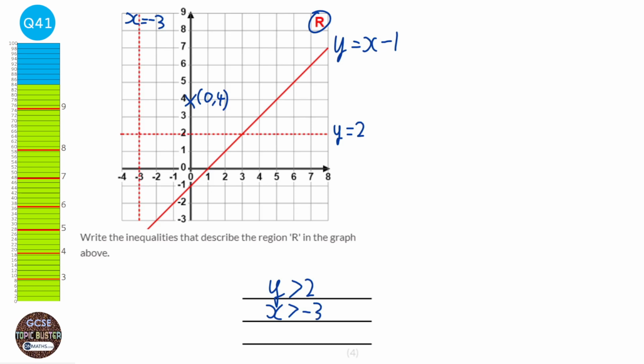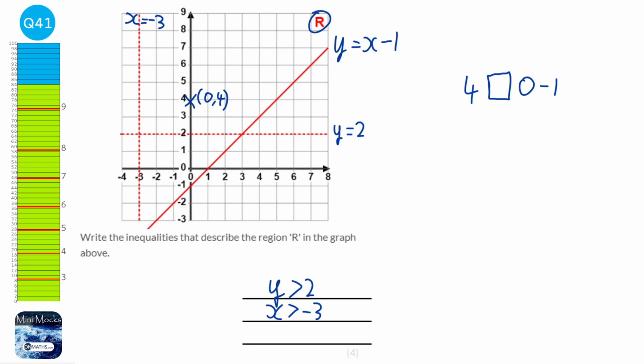Now, this last one's a bit more difficult because it's got x and y in it. So we feed in the values. So for our coordinate that we've picked, x is 0 and y is 4. So 4, and I'm just going to leave that blank, leave that as a box. And 0 minus 1. So all I've done is fed in the coordinate values into this equation.